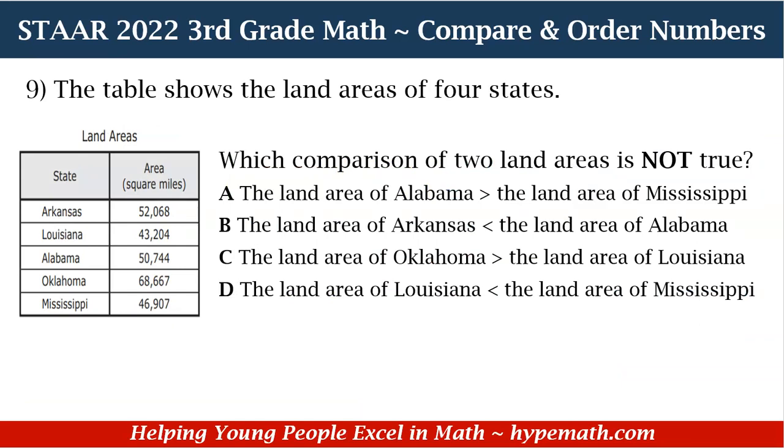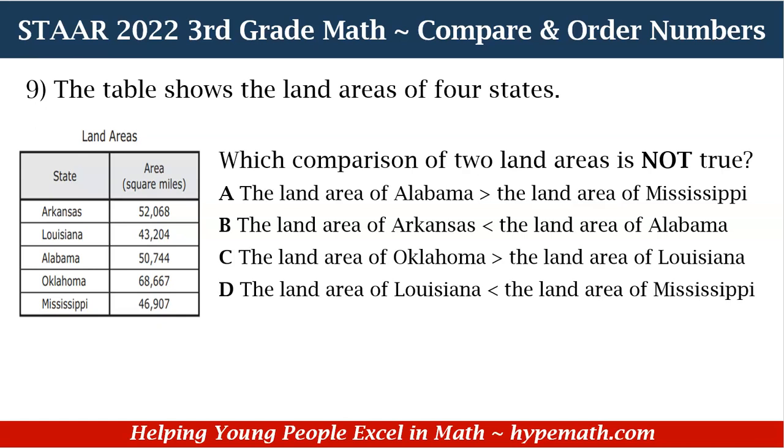The table shows the land areas of 4 states. Which comparison of 2 land areas is not true, which means it is false, it is wrong, the comparison is not right, okay? Let's look at our table and look at the land areas and also their areas in square miles.